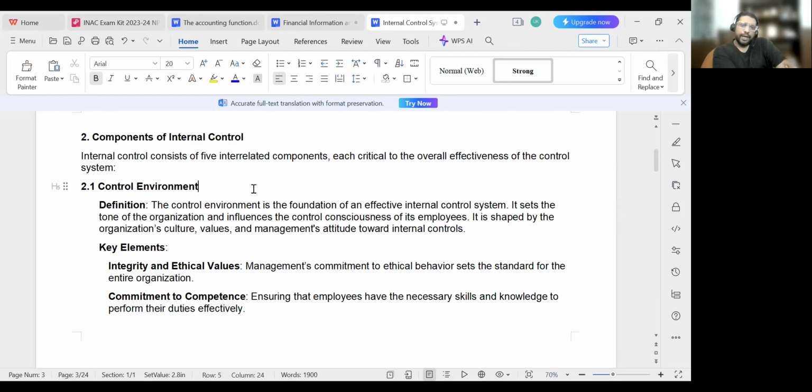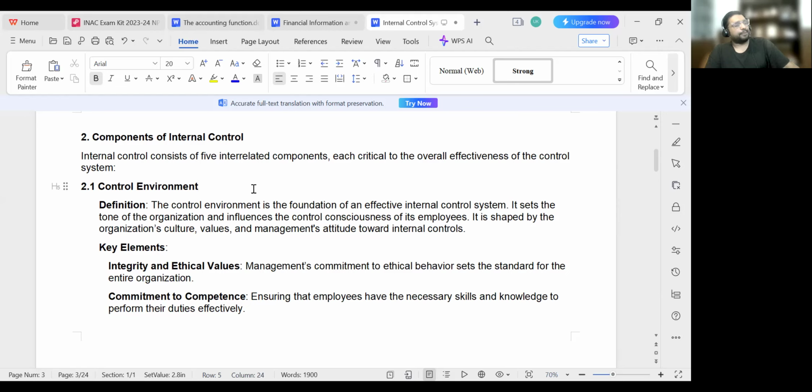So you are creating an environment in which internal control systems are considered important. If the culture is that the CEO of the company comes 1 hour late every day, definitely you're going to have a culture of coming late to the company. Everyone would start doing that.